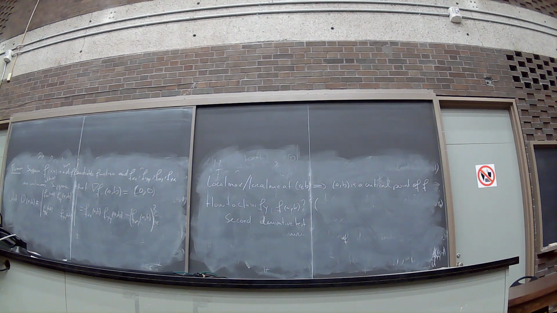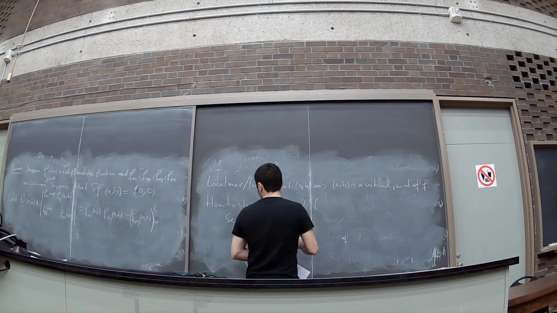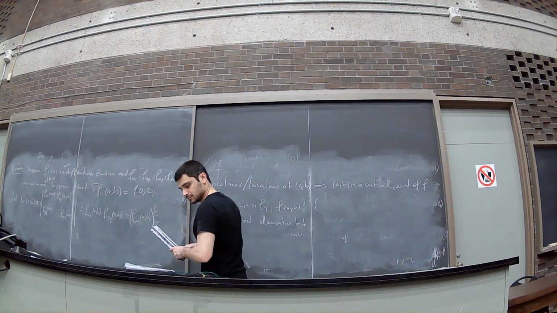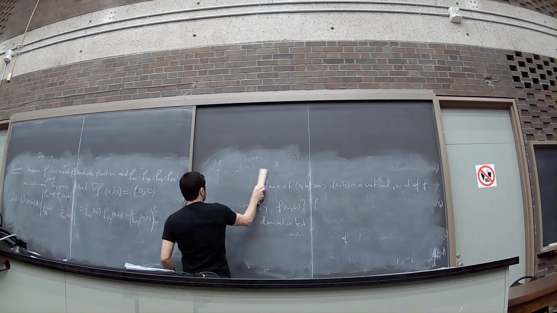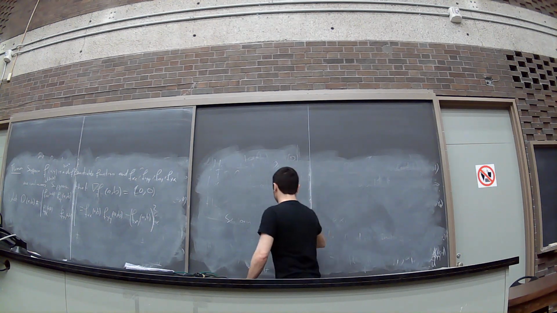So this is my determinant. Now this determinant will tell you almost everything. This stuff you'll have to know by heart. There are other ways of checking it, but this is the way that you should know.